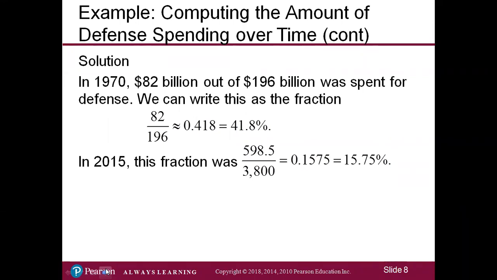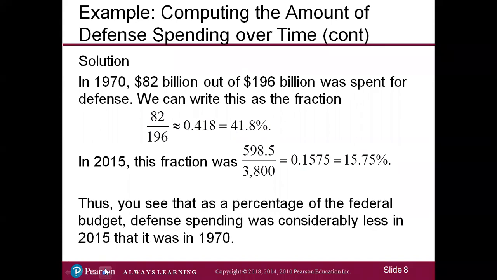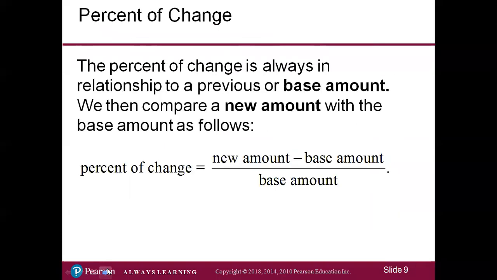In 2015, this fraction was 598.5 out of 3,800, which equals 0.1575, or 15.75%. Thus, you see that as a percent of the federal budget, defense spending was considerably less in 2015 than it was in 1970. The percent of change is always in relationship to a previous or base amount.